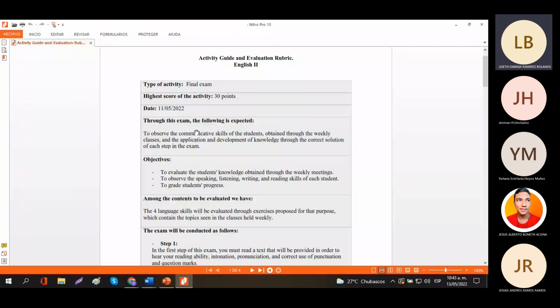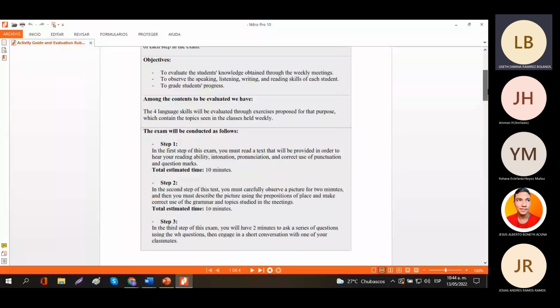Throughout this exam, the following is expected: to observe the communicative style of the students obtained through the weekly classes, and the application and development of knowledge through the correct solution of each step in the exam.